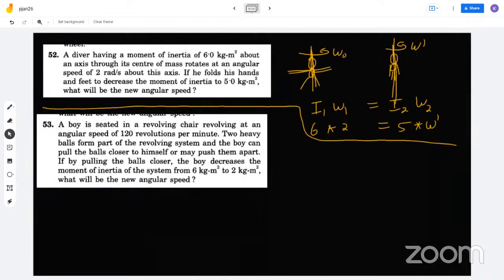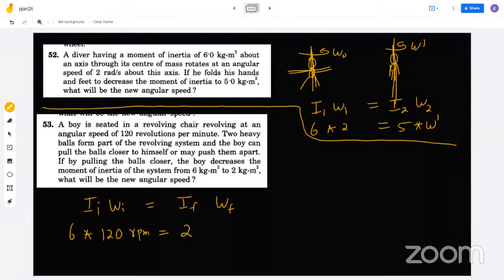इसमें guys yes, what is the solution जो है. 6 initially 6 है ना. I initial omega initial is equal to I final omega final. What is the initial I? 6, no? And initial omega is 120 RPM.